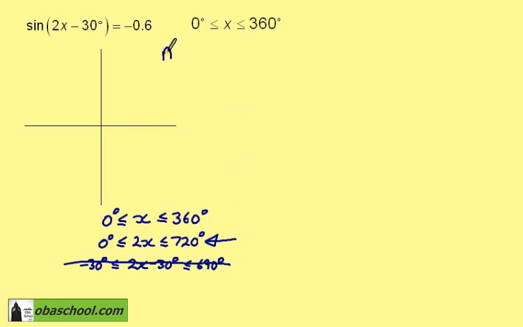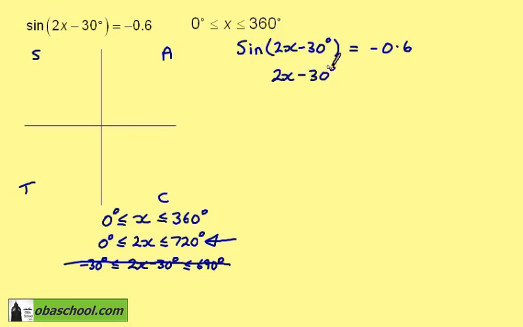We're going to use the CAST diagram in the normal way, and we're looking to solve the equation sine of 2x minus 30 degrees is equal to minus 0.6. 2x minus 30 degrees, therefore, will be equal to the inverse sine, or shift sine, of minus 0.6.